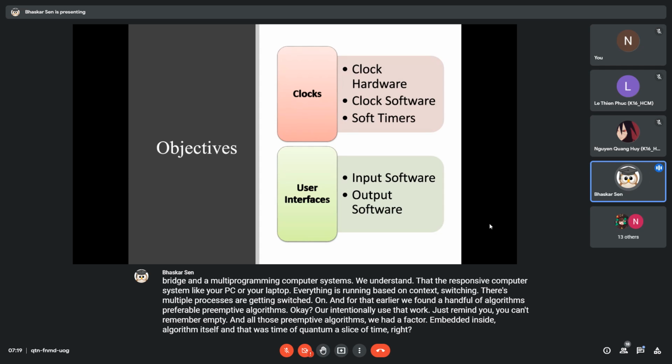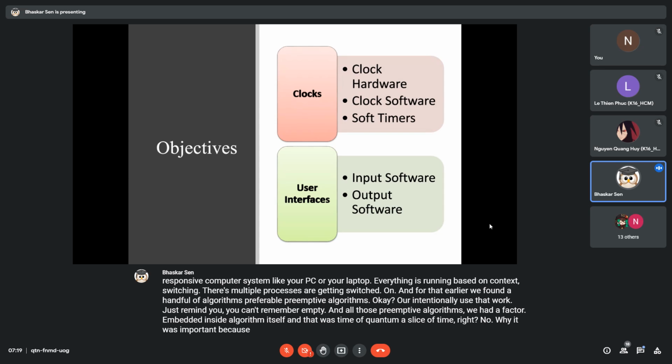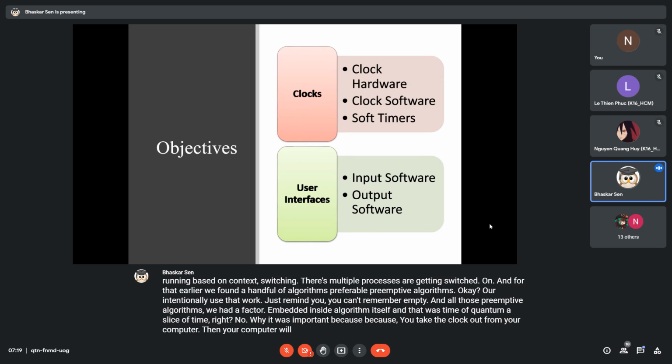Now, why was it important? Because if you take the clock out from your computer, then your computer will not have any perception of time.